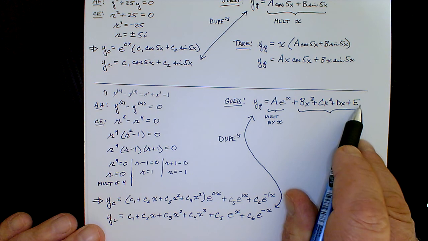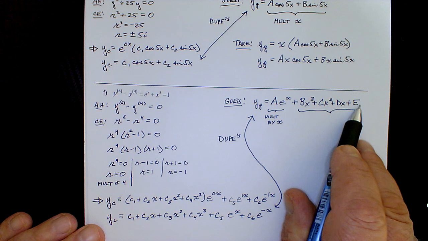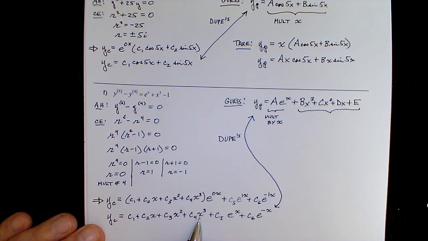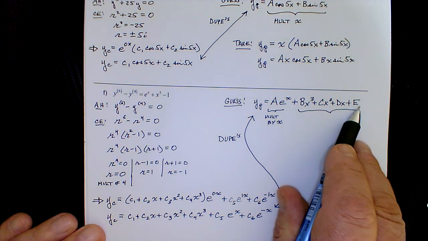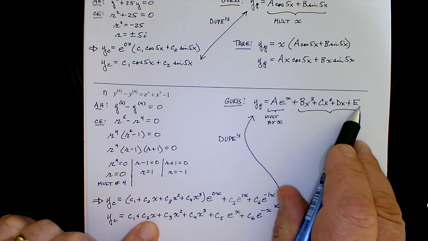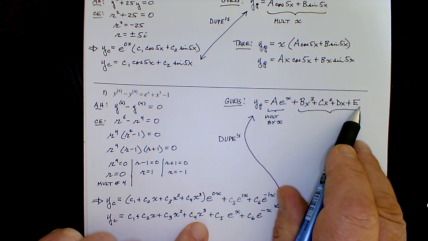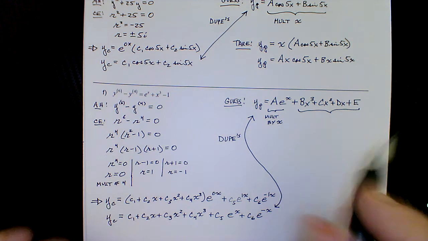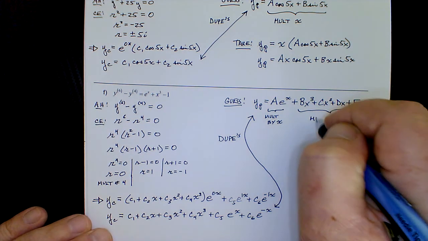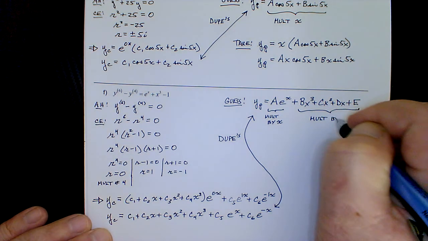So just focus on the constant term and ask yourself what power of x is going to be necessary to multiply this by, so that there are no duplications with the highest power of x here. See, x won't work because you got an x here. X squared won't work because you got an x squared here. X cubed won't work because we have an x cubed here. So therefore, we're going to have to multiply by x to the 4th.